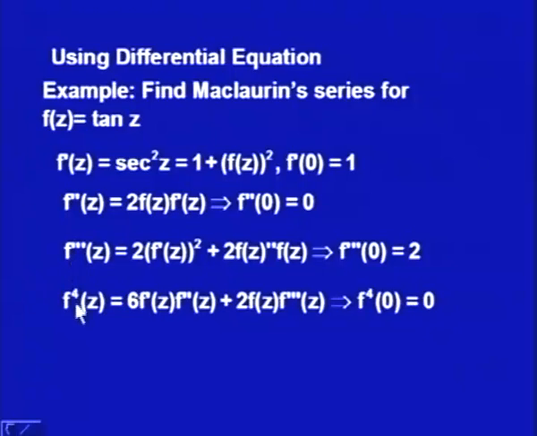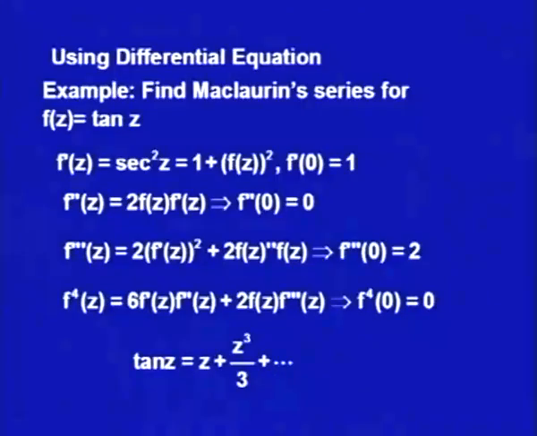From here we can find the fourth derivative, and putting z equal to 0 gives me f''''(0) as 0. Substituting these values, we will have tangent z equal to z plus z cubed by 3, and so on.